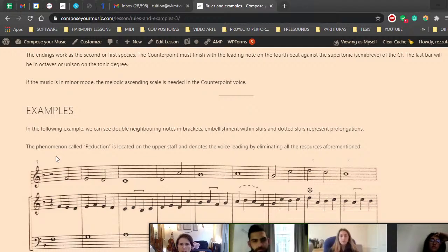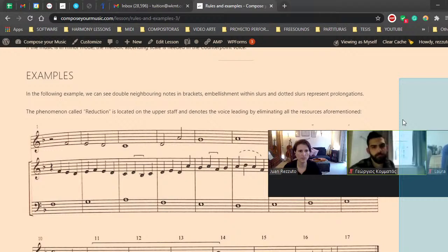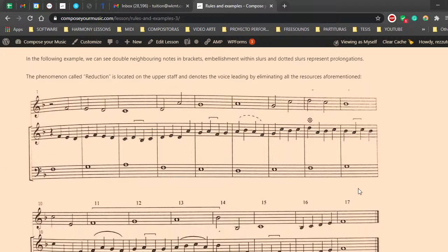Examples. In the following example, we can see double neighboring notes in brackets. Embellishments, so double neighboring notes here, here.